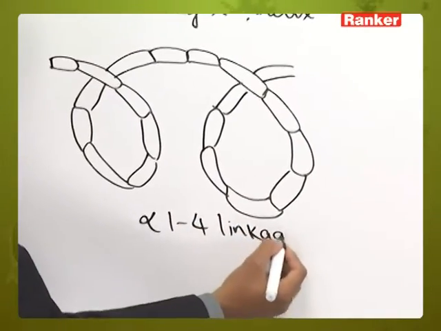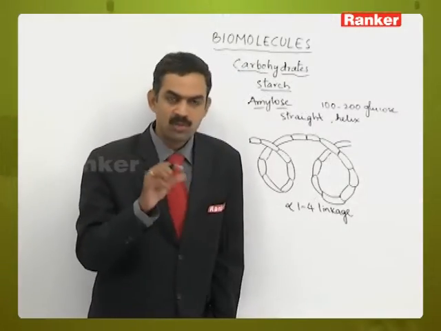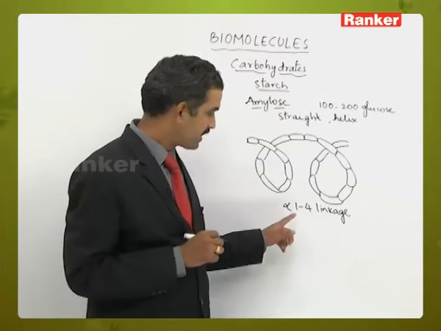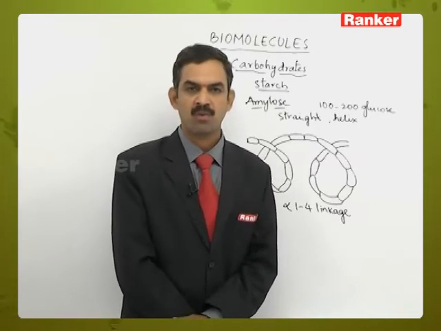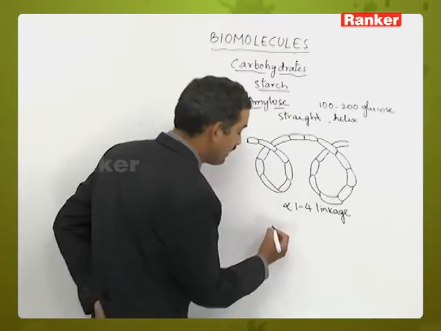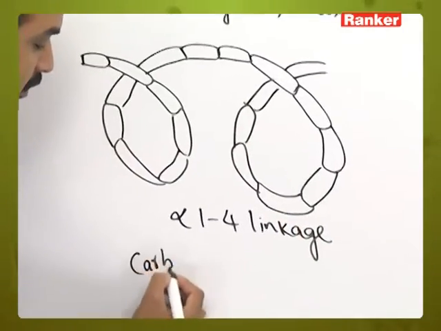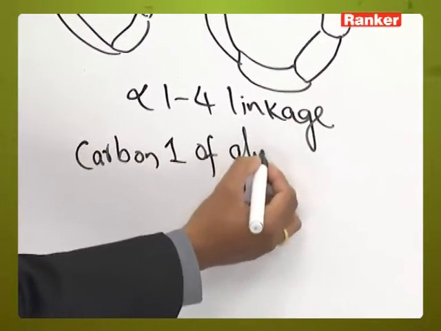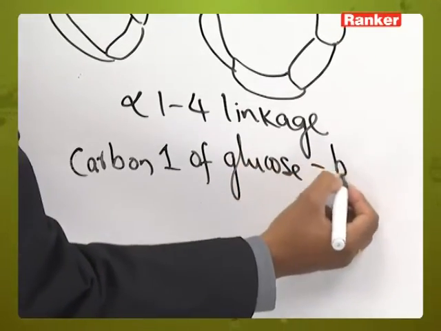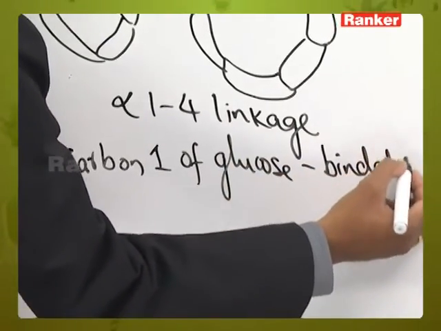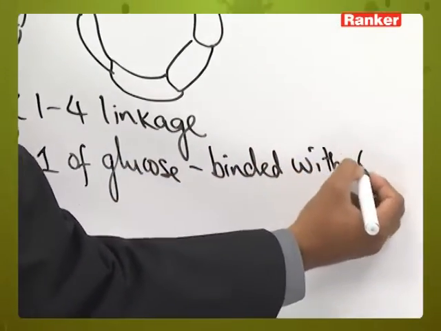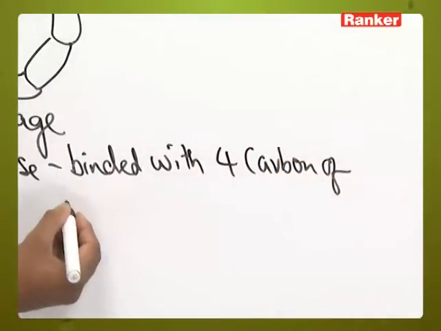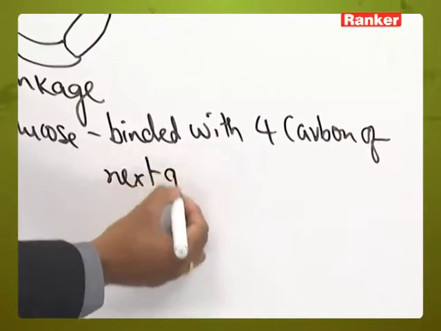What do these alpha 1,4 linkages mean? The glucose molecules are linked with each other by glycosidic bonds. These glycosidic bonds are formed by alpha 1,4 linkages. That is, the carbon 1, or the first carbon of the glucose molecule, is bound to the fourth carbon of the next glucose molecule.